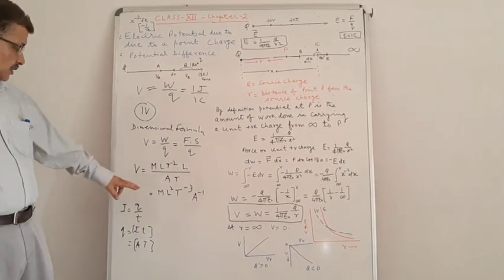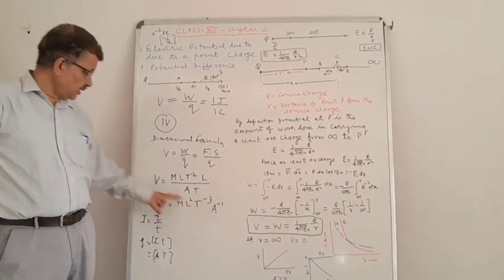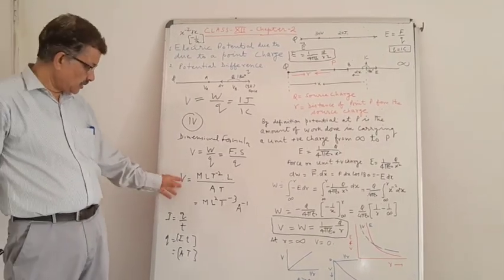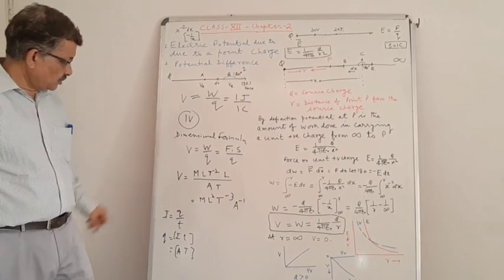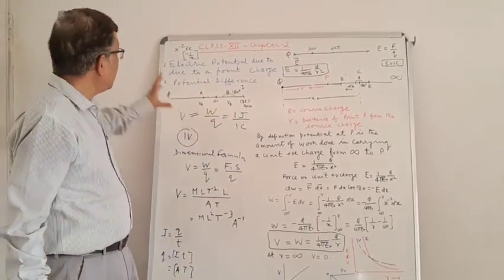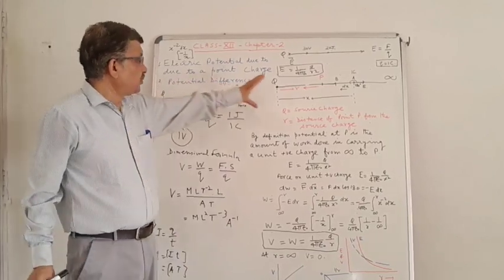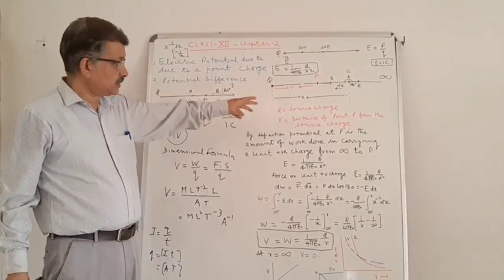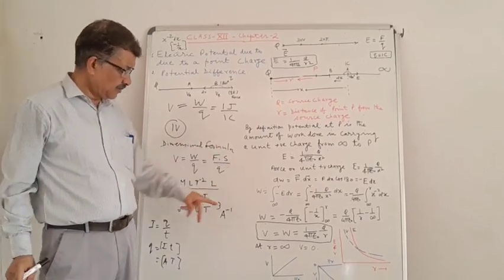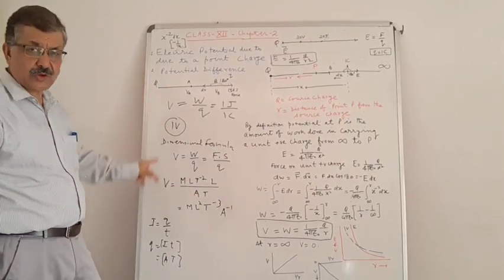Okay, so this is the dimensional formula of the potential or potential difference. For that matter, it will be the same. So this is all about potential difference, and the potential due to a point charge, how it is derived, and the other different terms associated with this topic. Thank you.